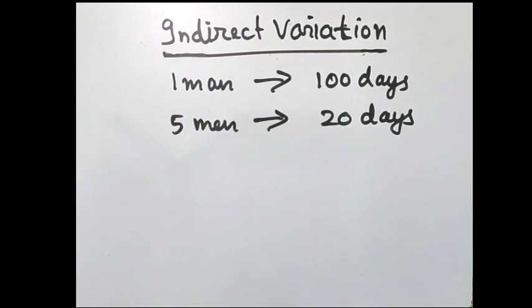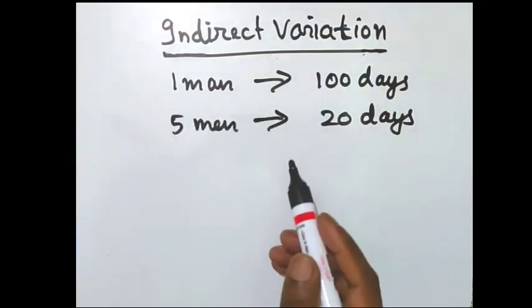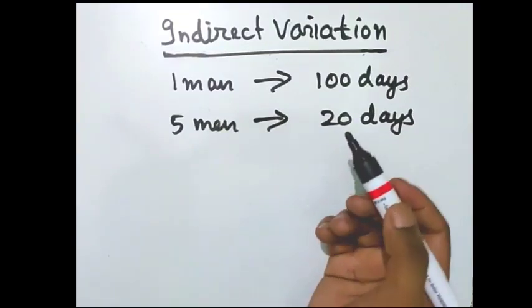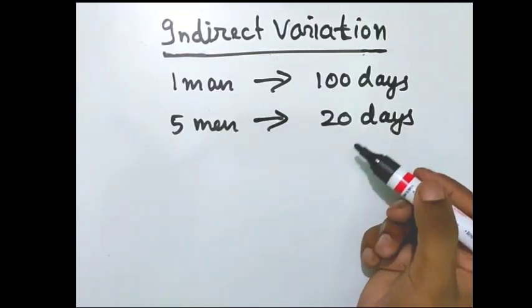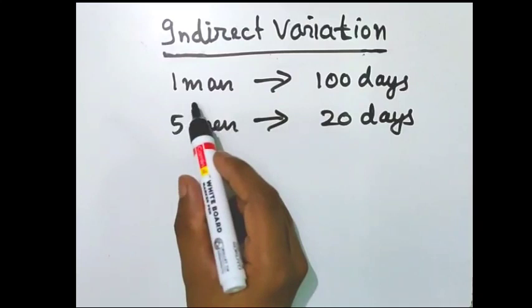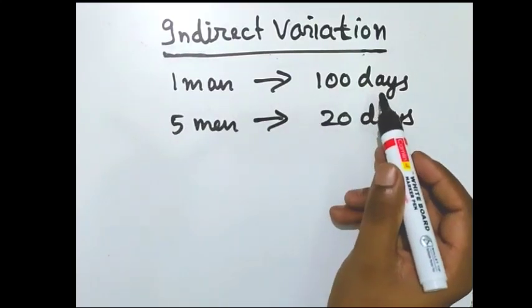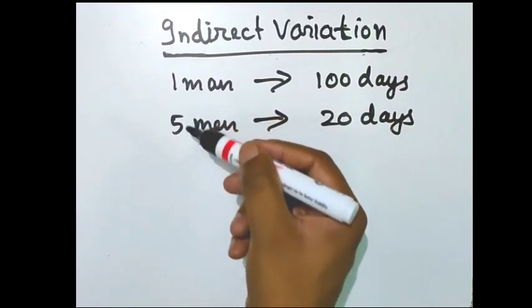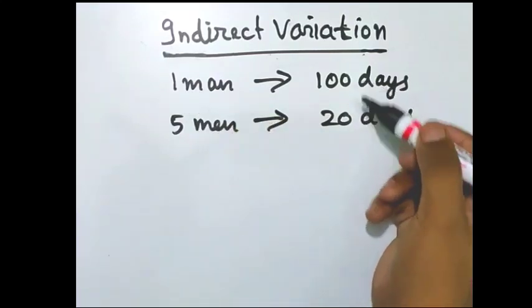Now let's take an example to see if the ratio of the two values of one quantity is equal to the inverse of the ratio of the two values of the other quantity. So here one man can work for 100 days. So 5 men will work for 20 days. So there is an inverse relation. The number of men is increasing and the number of days is decreasing.